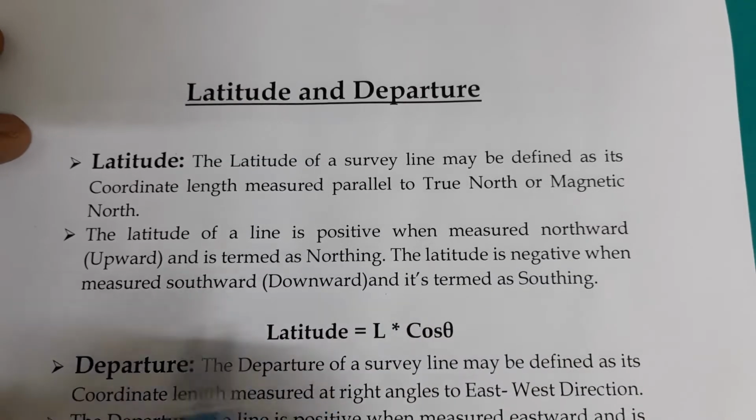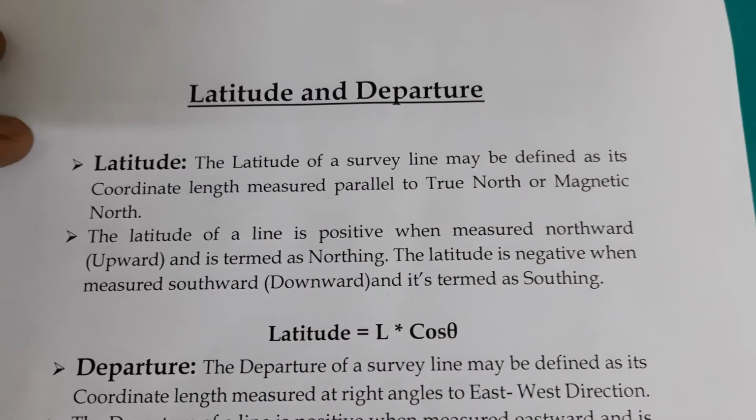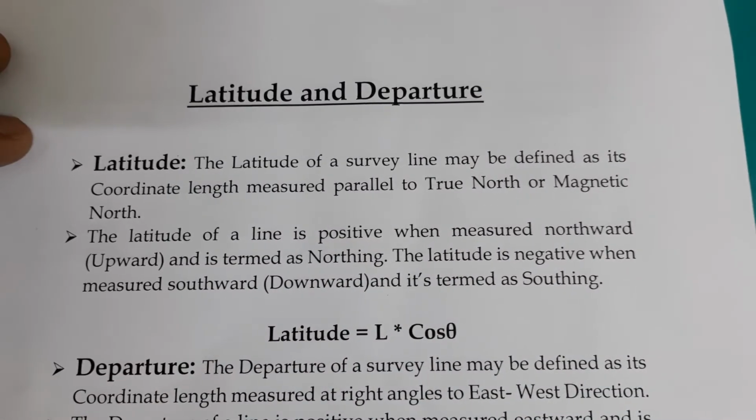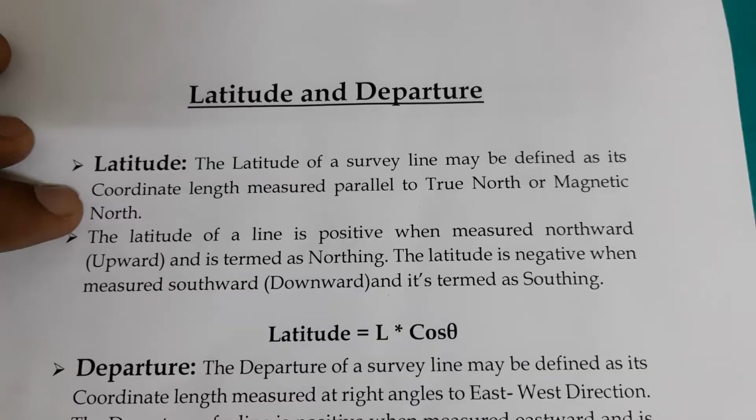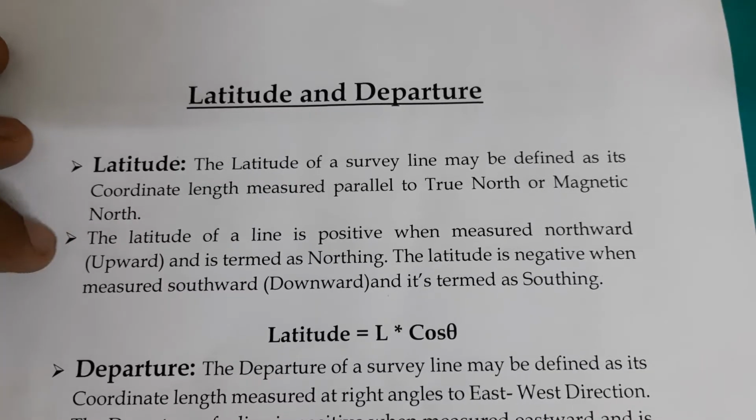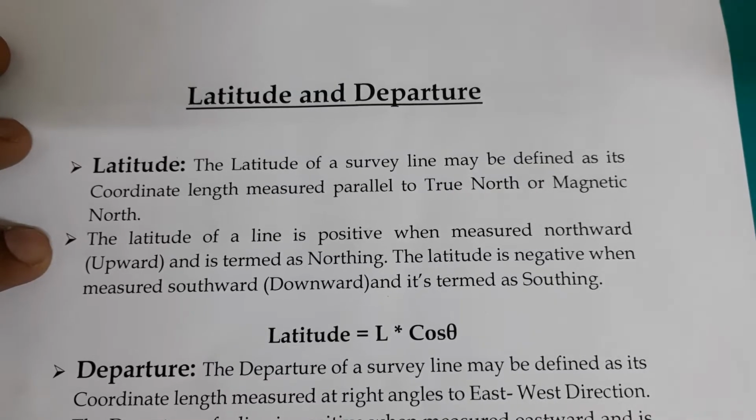First one is latitude. The latitude of a survey line may be defined as its coordinate length measured parallel to the true north or magnetic north. So the line is measured parallel to the north direction.